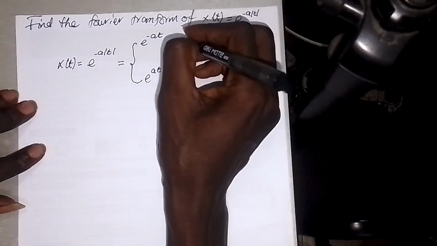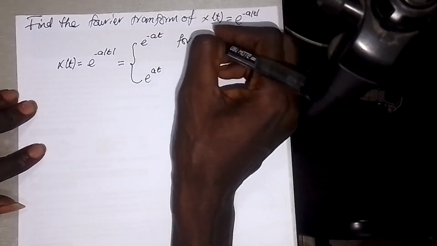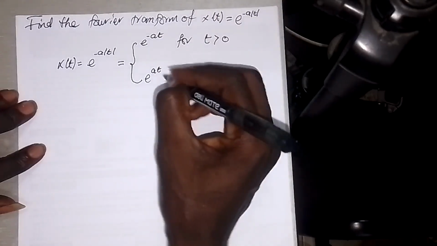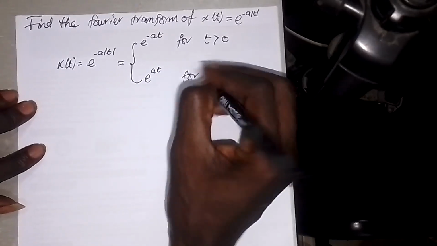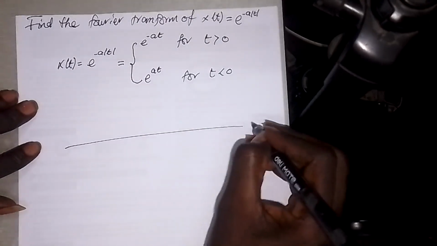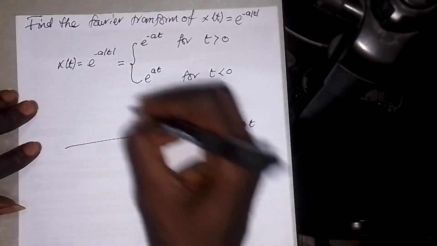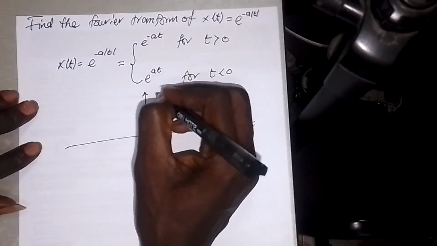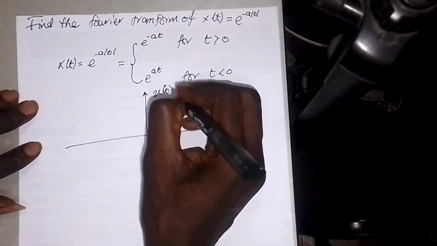Here we know the nature of this graph: this place is for when t is greater than 0, and this place is for when t is less than 0. When we plot it, you will see. Here is t, here is x of t.